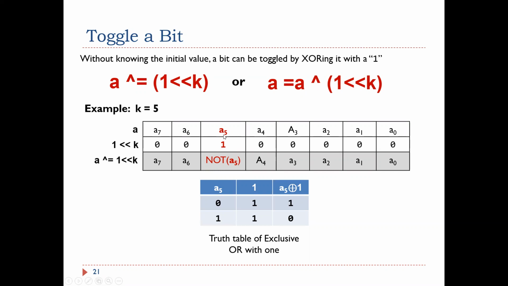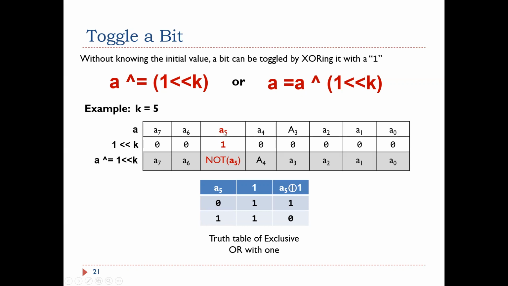Now for A5, we'd like to toggle it. So let's take a look here. If A5 equals 0, and we do 0 XOR 1, it will become 1. So we were able to achieve half of it, meaning that when it was 0, we got 1 here.